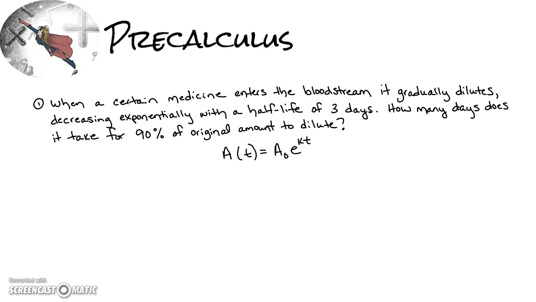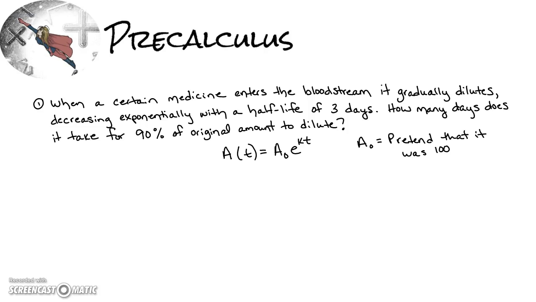And they also did not tell you an initial amount of medicine that's in the bloodstream, and there's very few numbers that they did give you. So what I like to do for these problems is for the initial amount, we'll just pretend that it was 100 units, like 100 grams, 100 milligrams, whatever, that part doesn't matter.